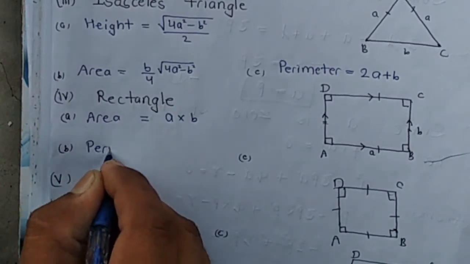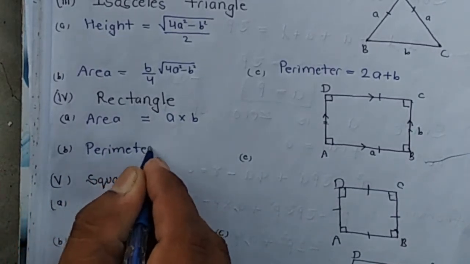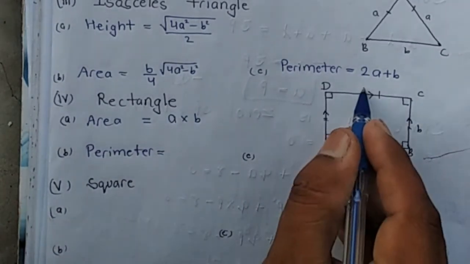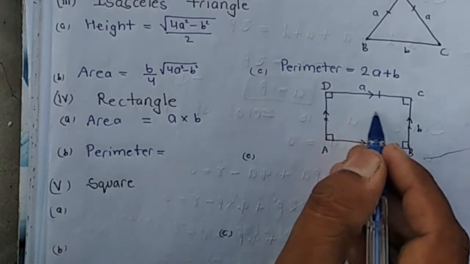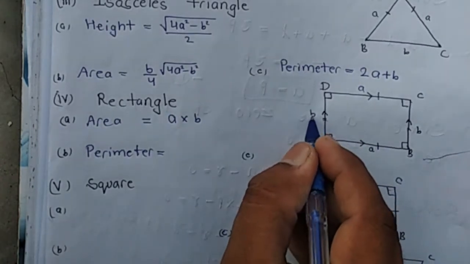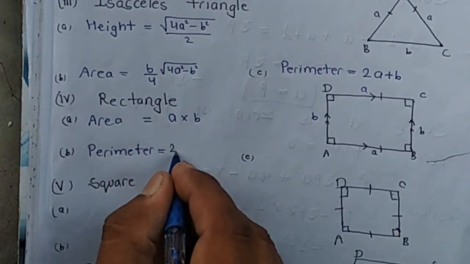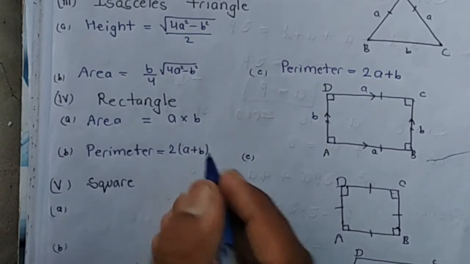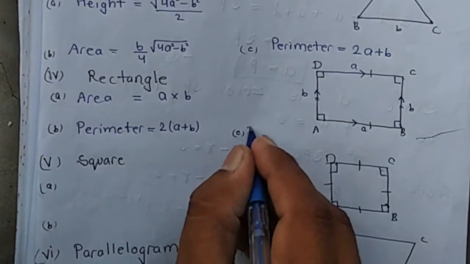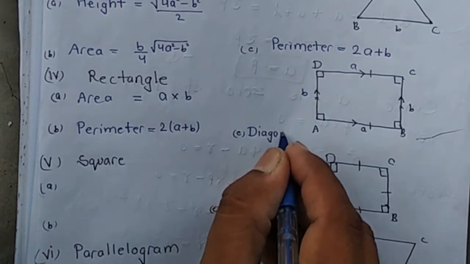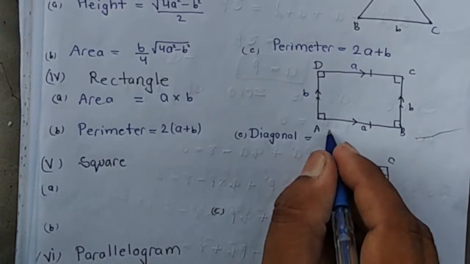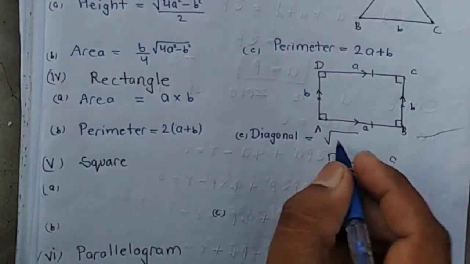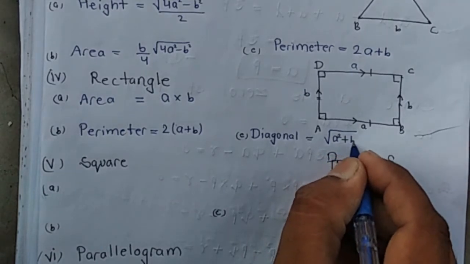Perimeter means the sum of sides, the sum of the boundary: A plus B plus A plus B, since opposite sides of a rectangle are equal, that is 2A plus 2B. And the diagonal AC or BD is given by the square root of A square plus B square.